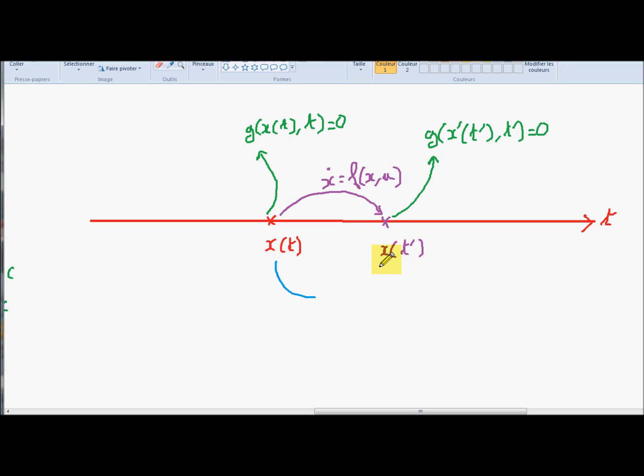So it is not like this one, like before. You have here g of x at time t, x at time t prime, t and t prime, and this is equal to 0. So now you do not have, as before, a separate equation here and here.